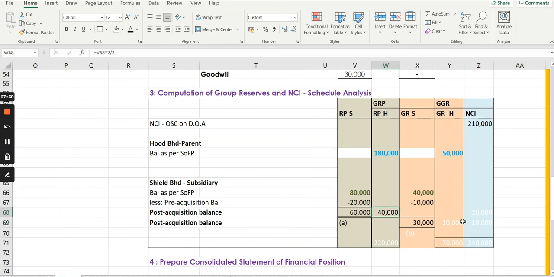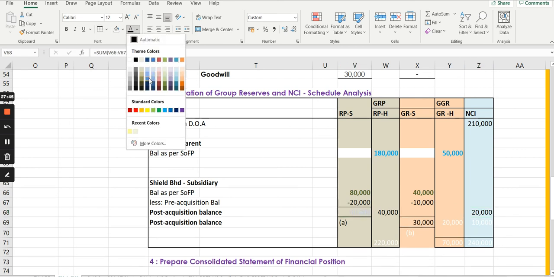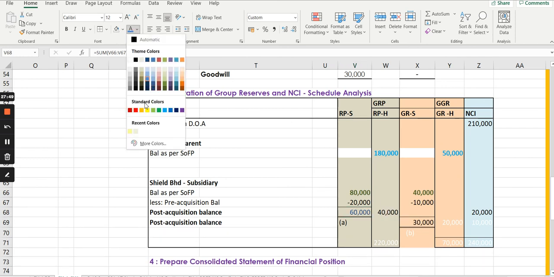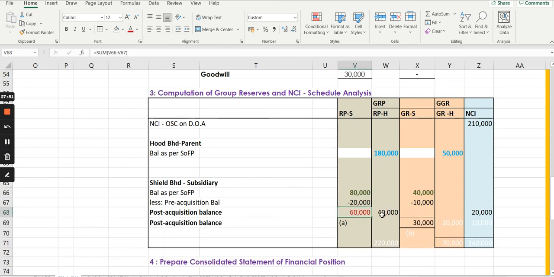So 40,000. Then you have one column here for NCI. NCI will get the remaining, which means 60 minus 40, so NCI will get 20,000. Alternatively, you can take 60 times 1/3, and that will still give you 20,000.